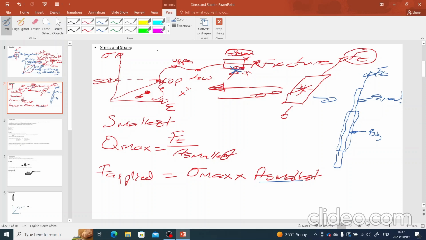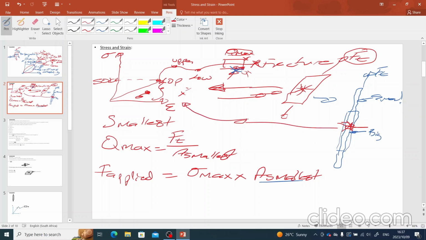Now you can tell that the cross-sectional area is small. As you further apply the force, you realize that the cross-sectional area becomes smaller and smaller up until this material breaks. But this will be interpreted with what? Your stress and strain graph.